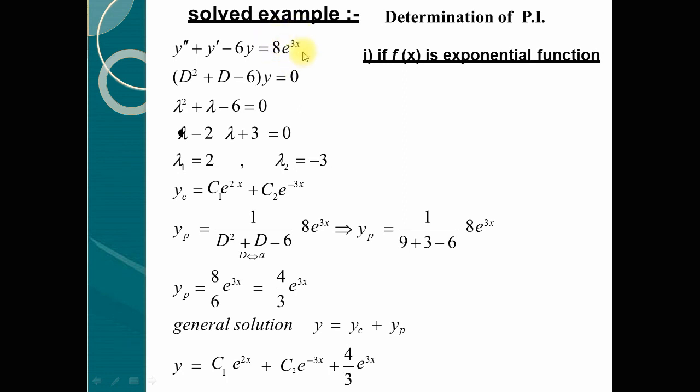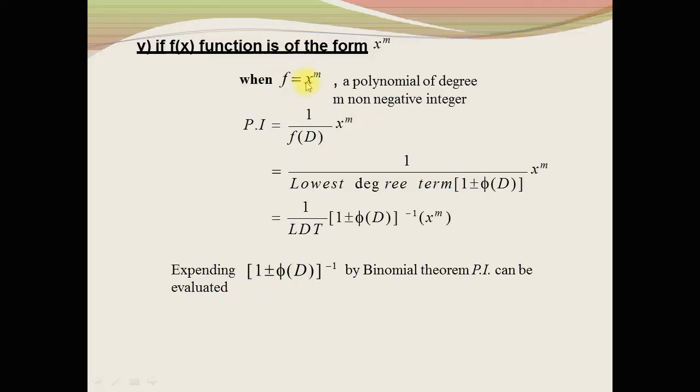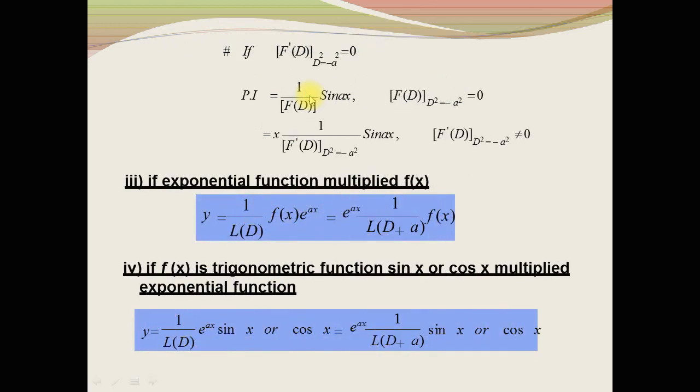When f of x is trigonometric, like sin ax or cos ax, how do we find it? When f of x is a product of exponential and trigonometric functions, how do we find it? When f of x is a polynomial, how do we find it?